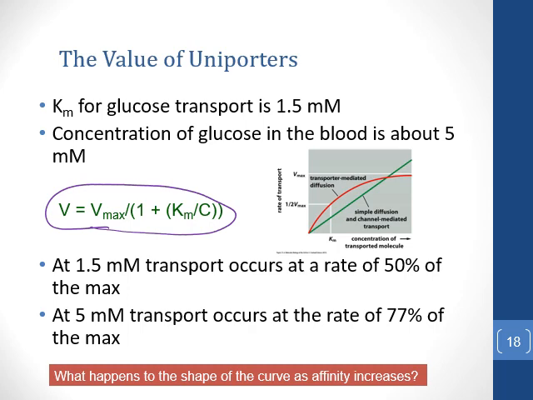So in class, we'll actually do some of these calculations and we'll compare the rate at which these three sugars are taken into the cell, and we'll also compare the rate at which a single sugar is taken into the cell at different concentrations. So that concludes our general discussion of diffusion and uniporters.